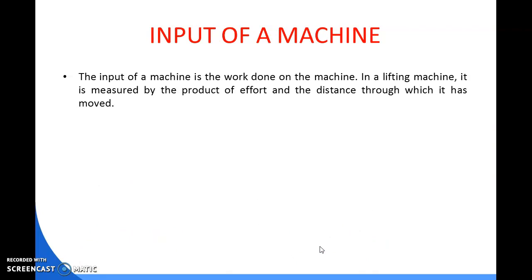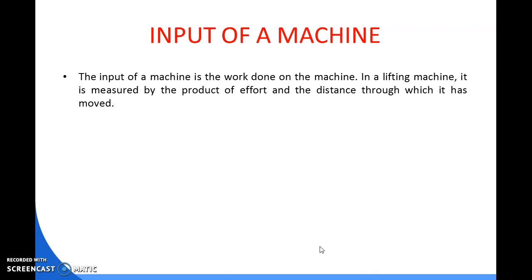Now, in case of any kind of machine, it has two values: one is input and another is output. First of all, the input of a machine is defined as the work done on the machine.